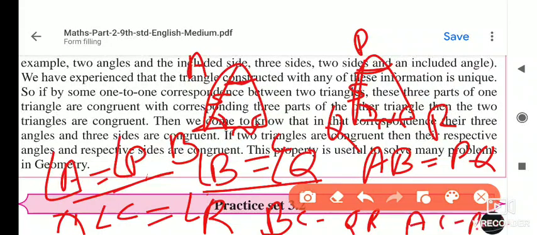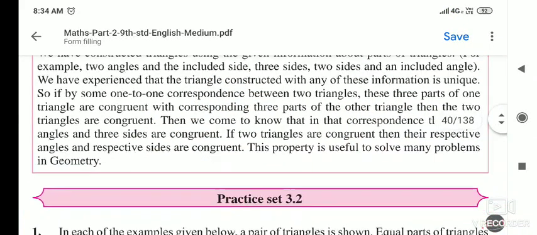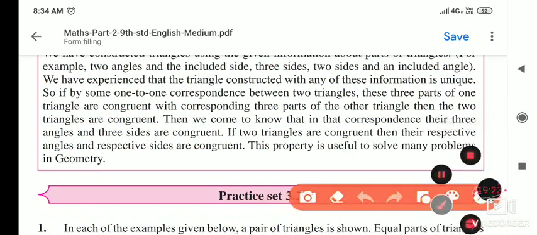Congruent and equal we write, but the meaning is the same: congruent means having exactly the same measure.